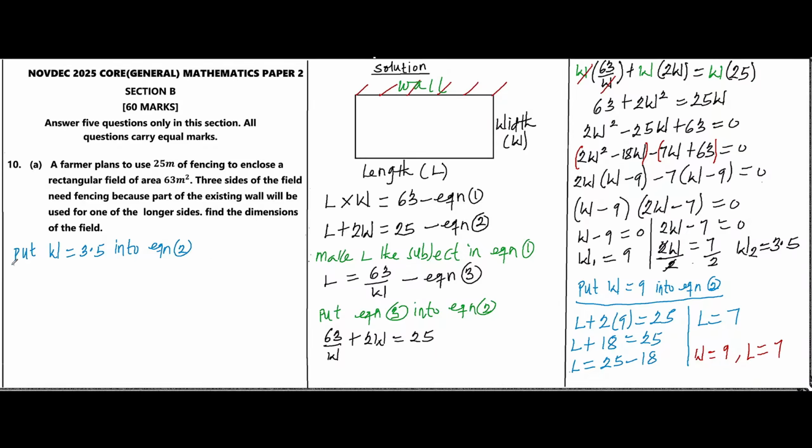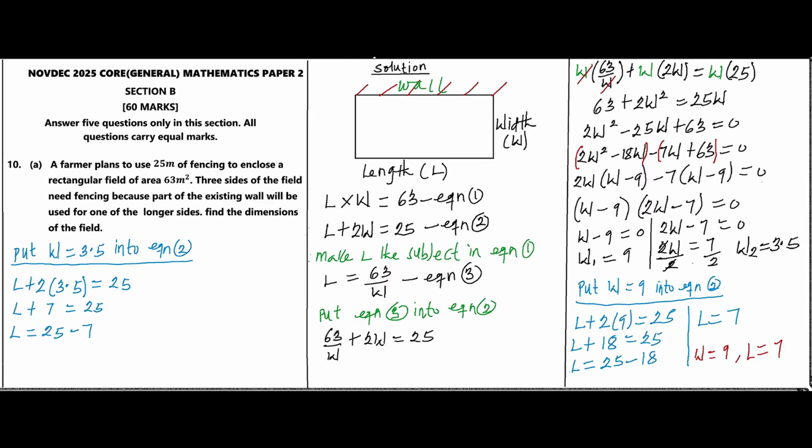So we have L plus 2 multiplying W. So this time W is 3.5 and this must be equal to 25. So we have L plus 2 times 3.5, we have 7, and this must be equal to 25. So L will be equal to 25 minus 7.